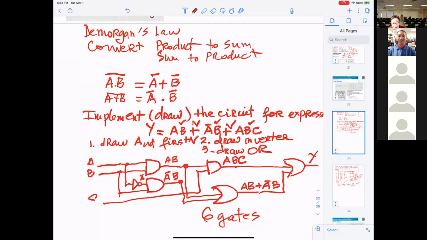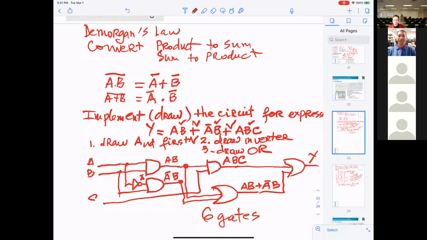After the simplification, maybe you get only 3 gates instead of 6, and they do the same thing. That means the output will come out the same. That's the reason why they're using the Karnaugh map, and that's what we want to go through with you today.